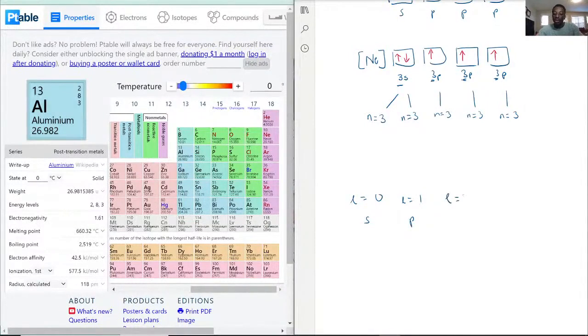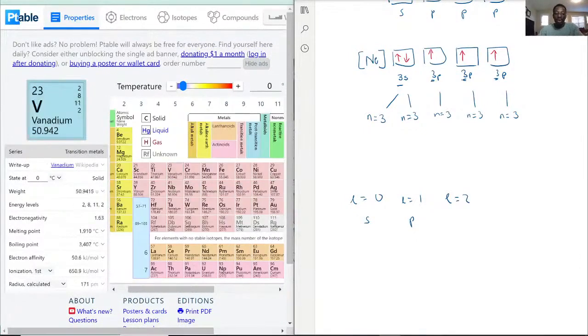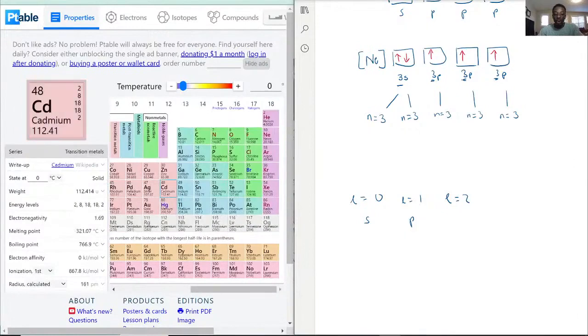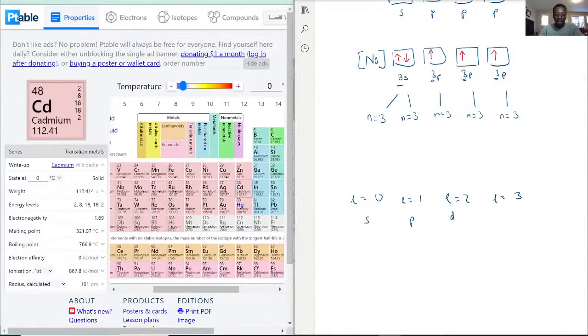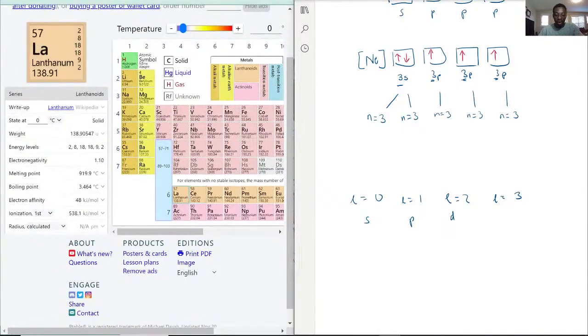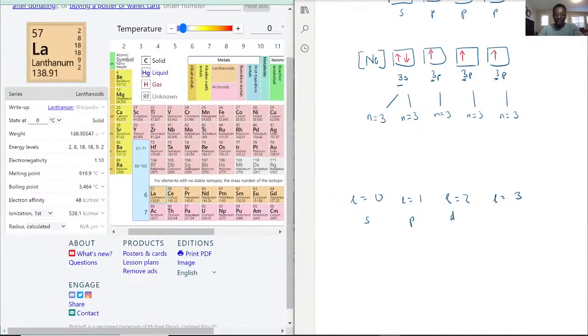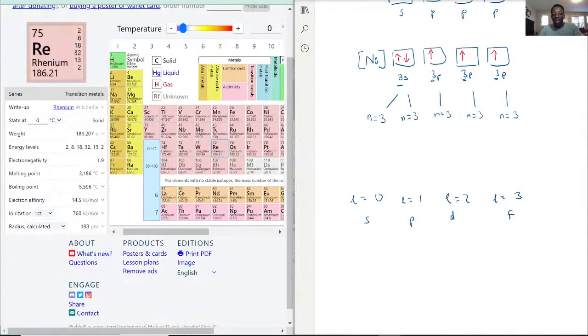If L is equal to 2, that's your D subshell, which is columns 3 through 12. And if L is equal to 3, that will be your F subshell, which is your lanthanum and actinium series.